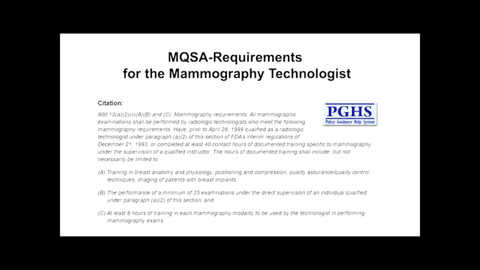I've gotten many calls over the years from somebody that didn't have their initial training certificate in mammography or their CE where they had lost it in the flood, and we were trying to recreate certificates for them to be able to document that they indeed did have the information that they needed.